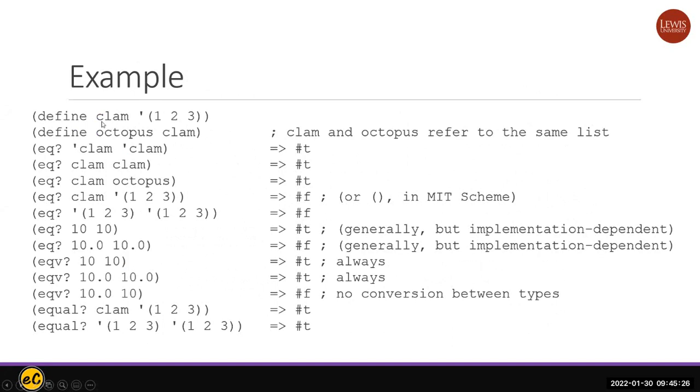Right here we have a claim of 1, 2, 3, which is a list, and a second name, aptus, assigned from claim. So aptus and claim are both pointing to the same list of 1, 2, 3.